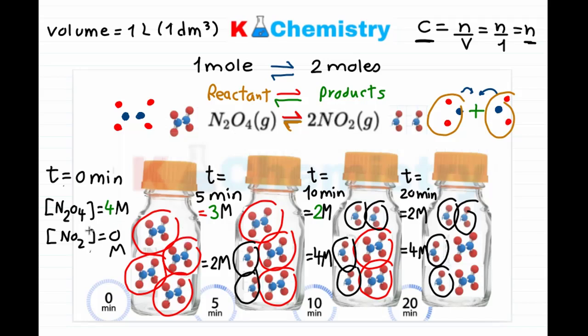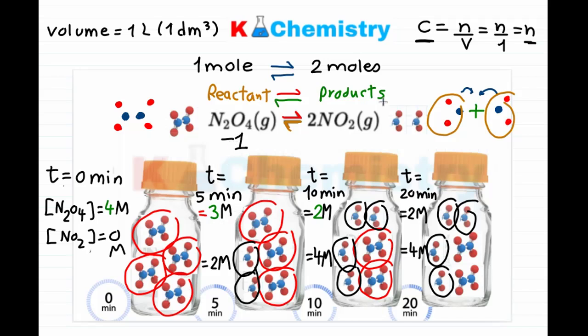So I have the concentration of NO2 equal to 0 molar still. After 5 minutes, I will see that I have lost only one molecule, or 1 mole of the N₂O₄. So this is -1. And so I will have only 3 moles inside this liter, or 3 molar.